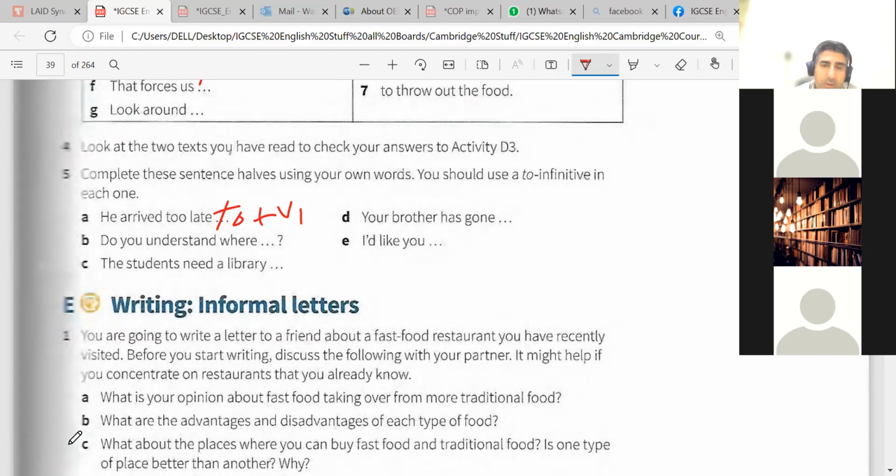Okay, is it clear now? So please change your sentence. Here, no infinitive here. So he arrived too late to order the food. He arrived too late to catch the bus. He arrived too late to see the doctor, for example. Means he can't because he's too late.